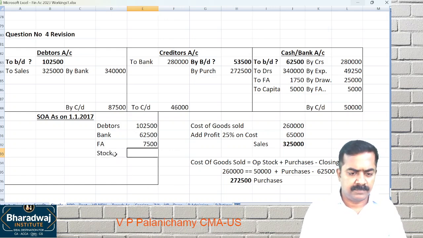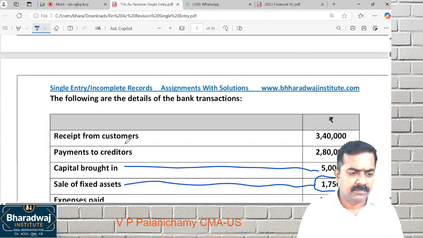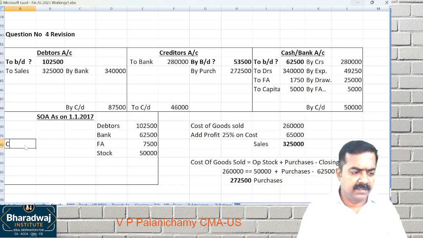Stock. Then any other asset at the beginning of the year. Liability side, like creditors. What is the creditors value? Tally this, you will get capital at the beginning of the year as a balancing figure.